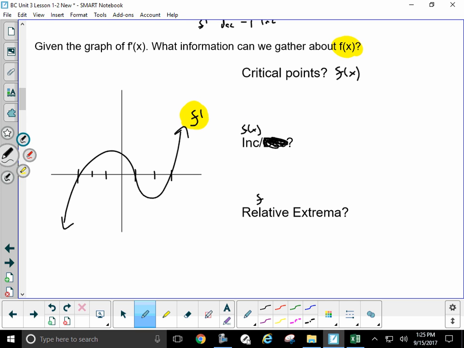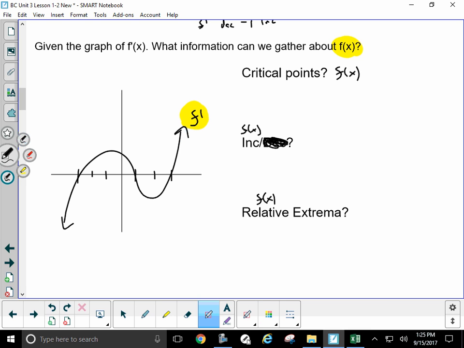Where does f have relative extrema? If you say I have a max at x equals -1 and a min at 2, you're wrong. This is not the graph of f. This is the graph of f prime, its derivative. So what does it tell us? Well, remember, the values of f prime tell us if f is increasing or decreasing.